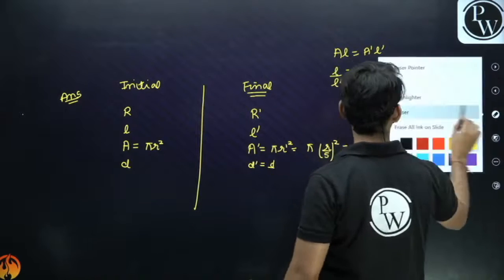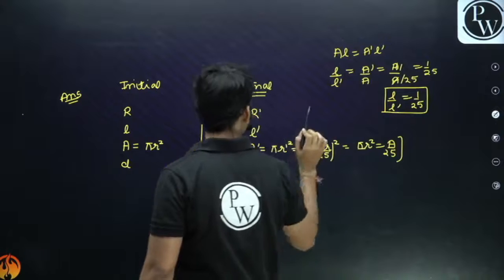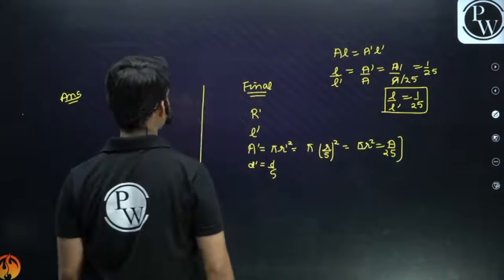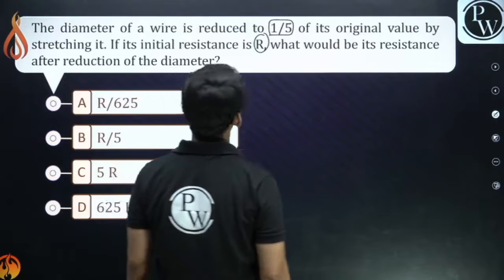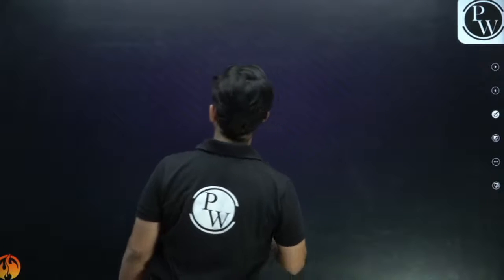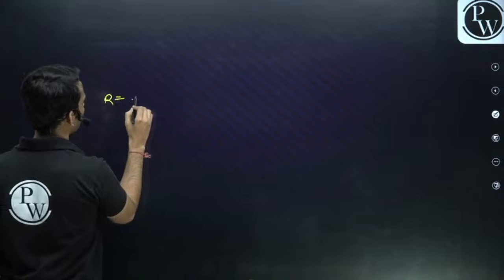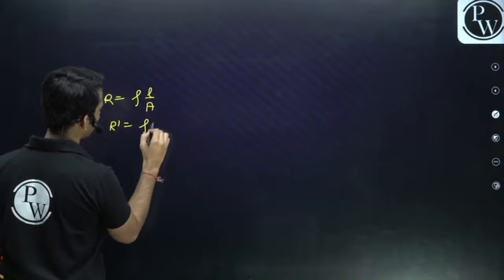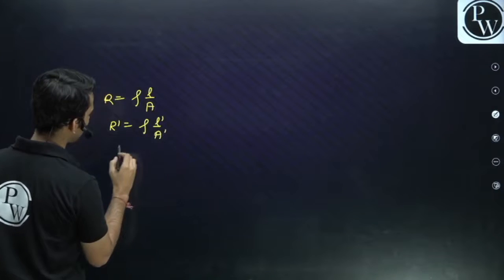Clear guys? So this is the ratio of length and this is the relation between area. Can I find the resistance now? R is rho L upon A. R dash would be rho L dash upon A dash.